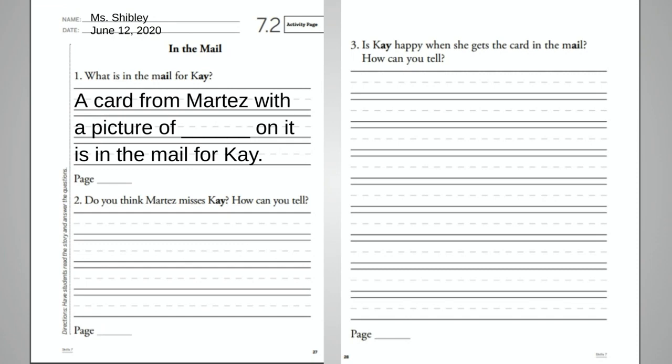And what did Kay tell us it was a picture of? Kay told us that it was a picture of Mexico on it. So on the blank line, you're going to write Mexico. Mexico is spelled M-E-X-I-C-O.